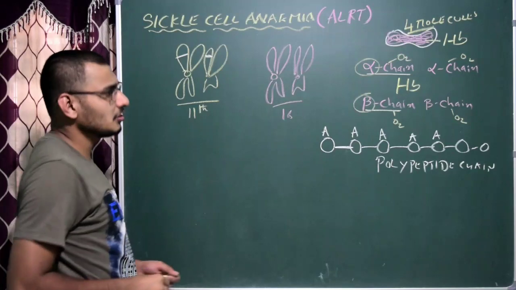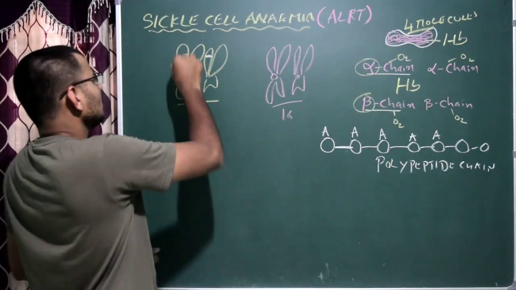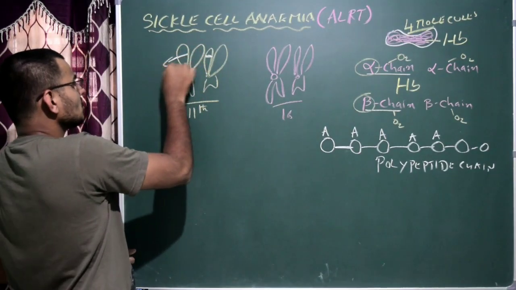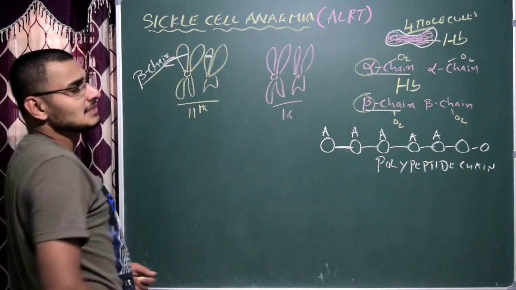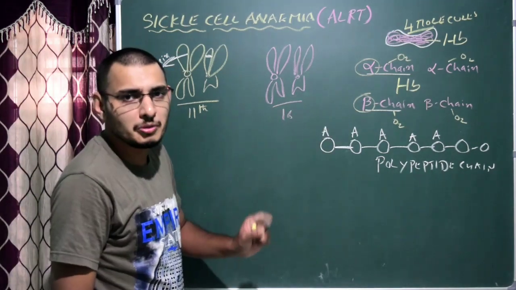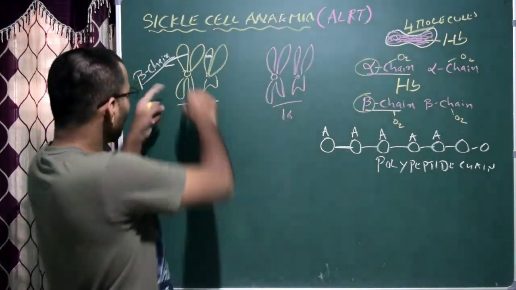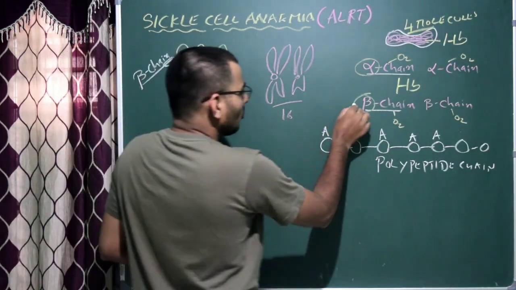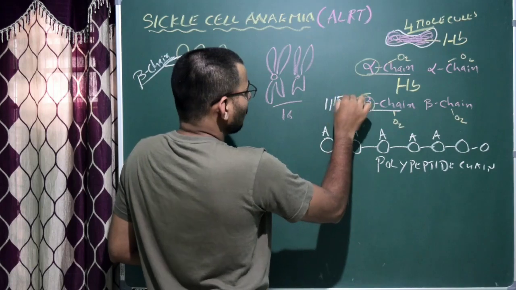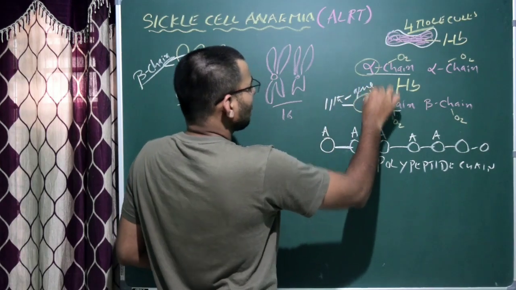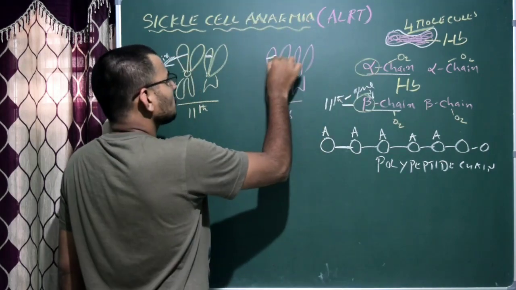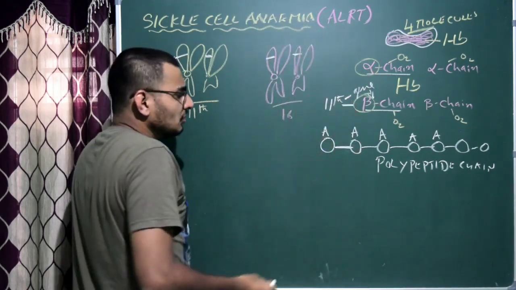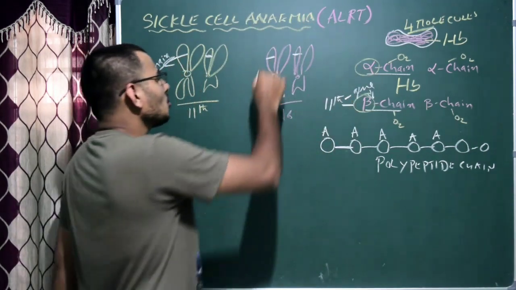The genes always occur in pairs. This gene on the 11th chromosome produces the beta chain, that is the polypeptide chain, the beta chain of the hemoglobin. We call it the beta globin chain. So the 11th chromosome has a gene which produces the beta chain for hemoglobin, and the alpha chain is produced from another type of gene which is present on the 16th chromosome.